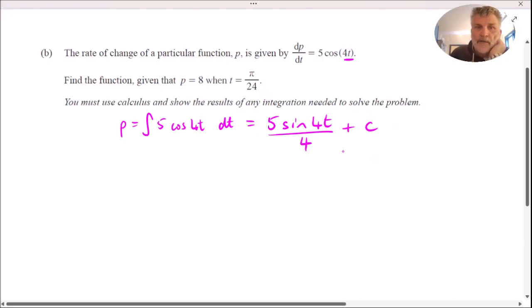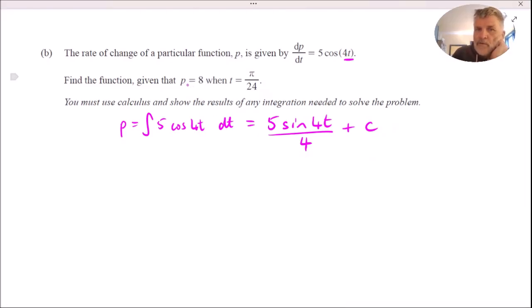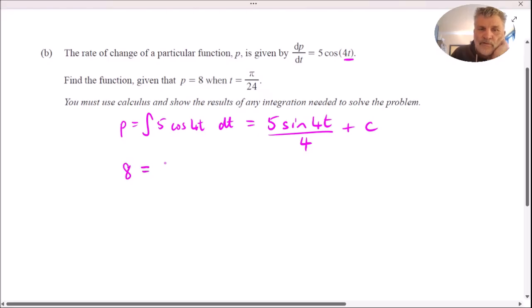That's the integration done. We want the particular function, when that has a value of 8 when t is pi over 24, so that enables us to calculate this constant. So we've got 8 is equal to 5 sine of (4 times pi over 24) over 4 plus c. 4 goes into 24 6 times.